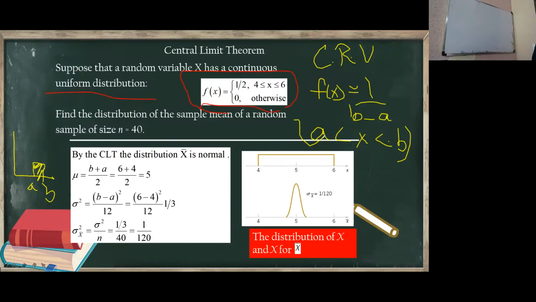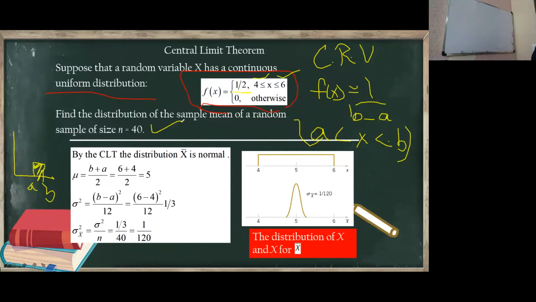So this is probability. Here the probability is given as half if a is 4 and b is 6. We also know that n is 40. Now we have to find the distribution of a sample mean. How do we do that?